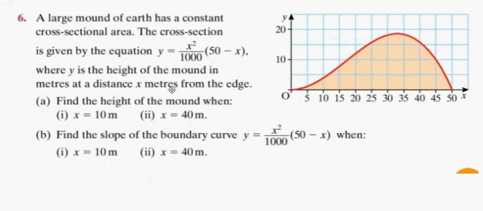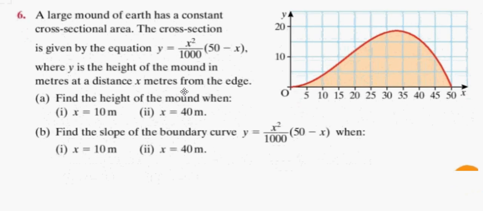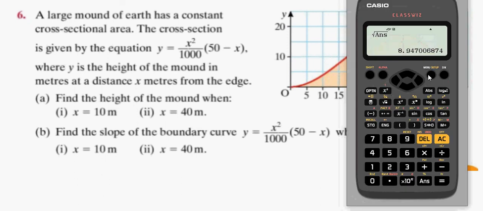Now, look at this beautiful equation. Being the lazy man I am, here's what we're going to do. We're going to go to table function, and we're going to do x squared over 1000 times (50 minus x).